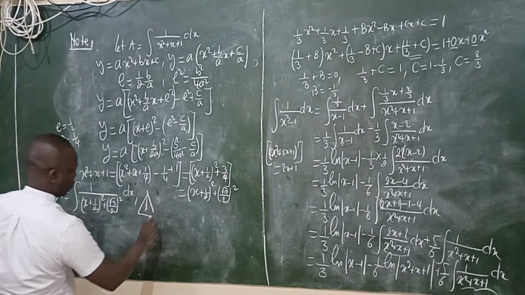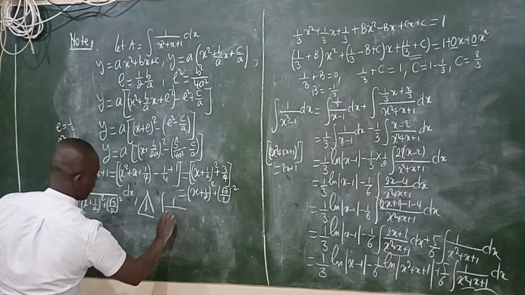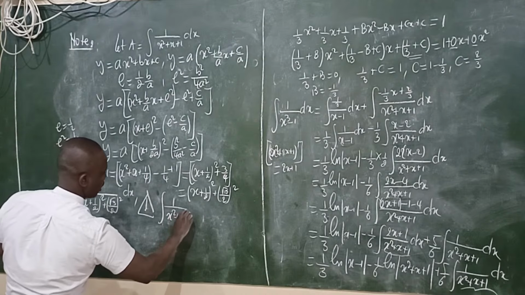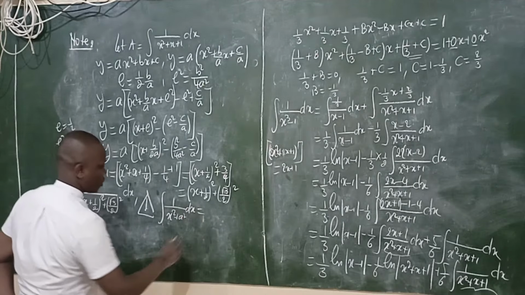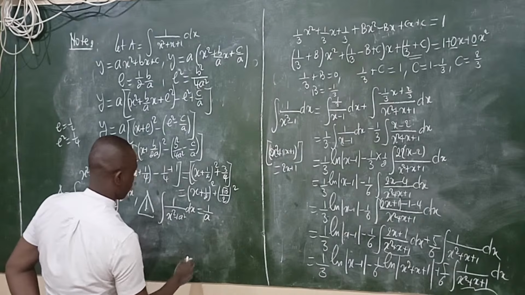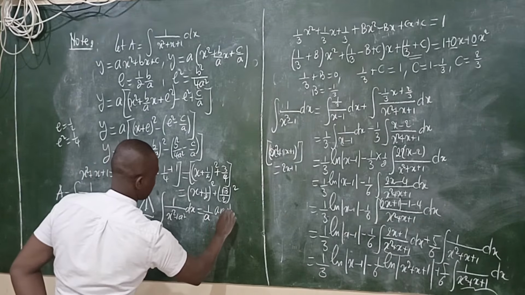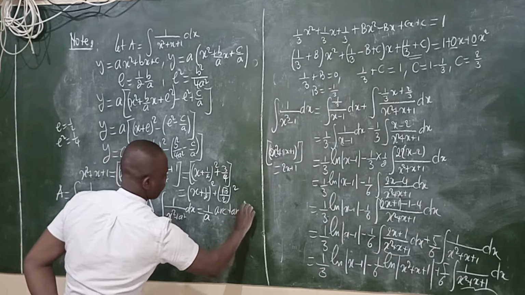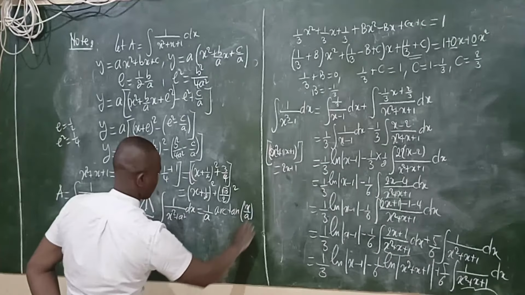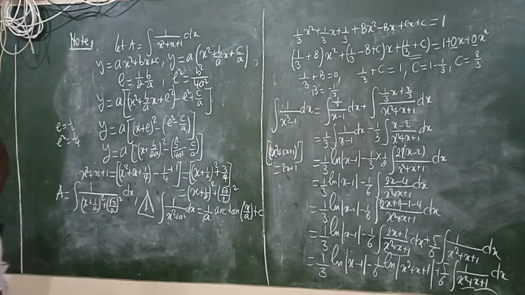This is what we know. The integral of 1 over x squared plus a squared dx is equal to the reciprocal of a times arctangent of x by a plus c. In other words, this will be replacing x while this will be replacing a.